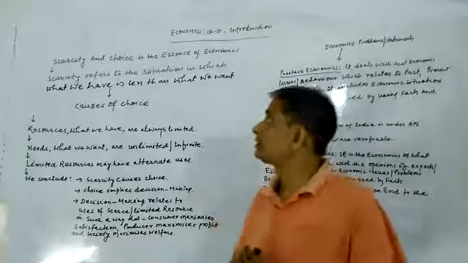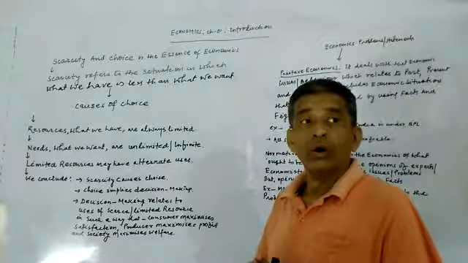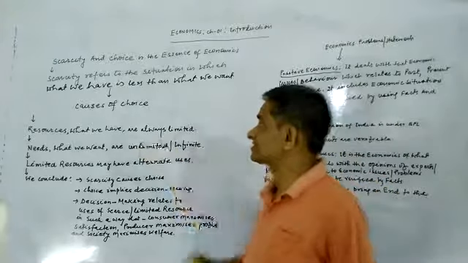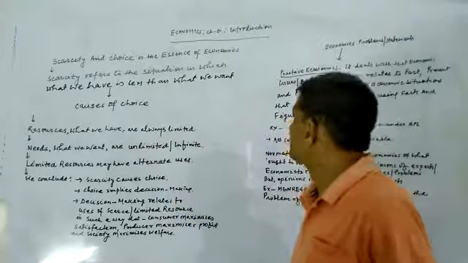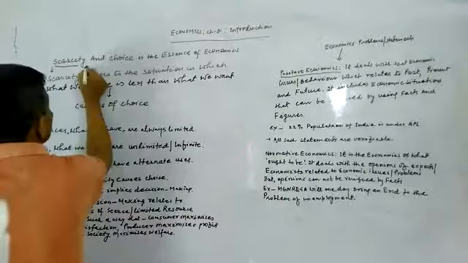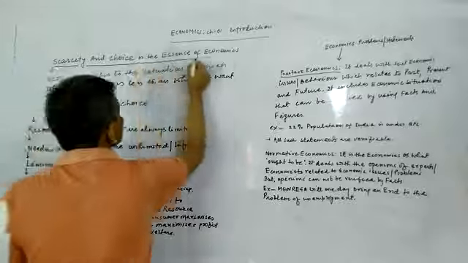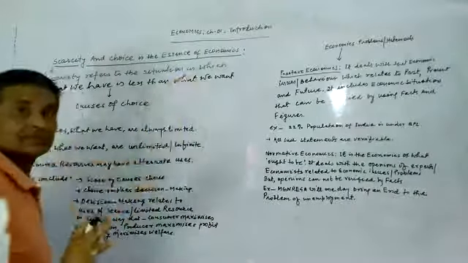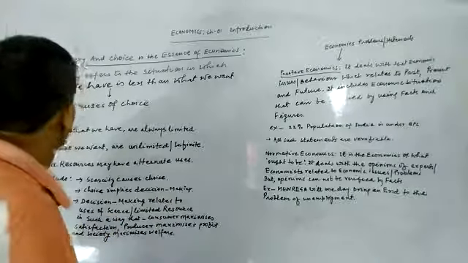That is why we are going to focus today on this aspect of scarcity and its essence in the economics. Like it is mentioned here, scarcity and choice is the essence of economics. Let us deal with this first part today.